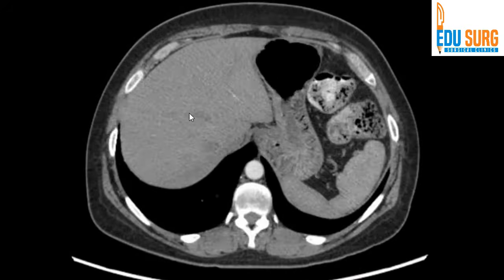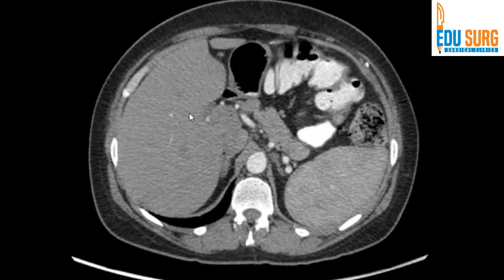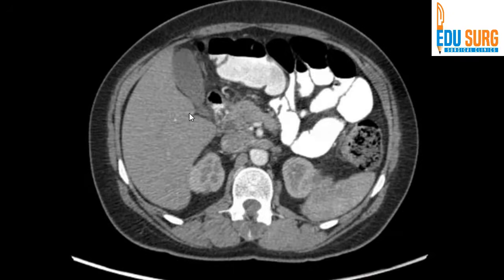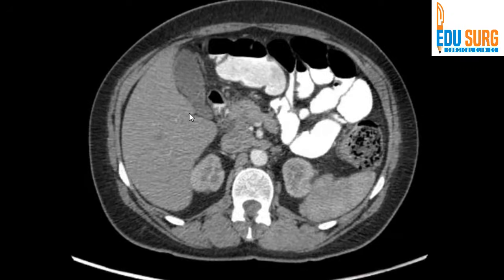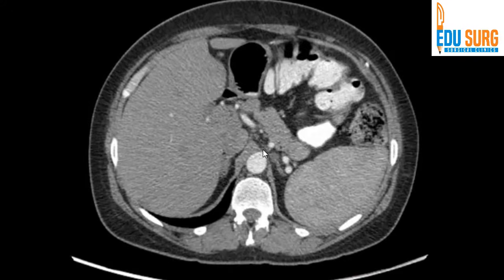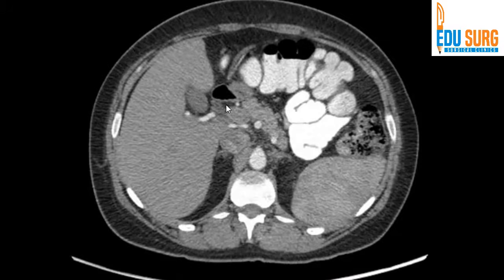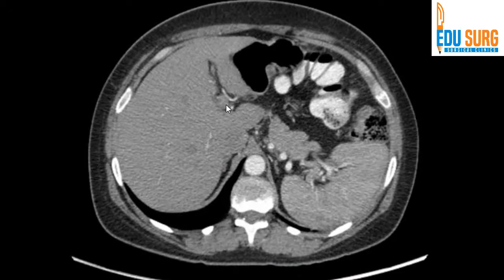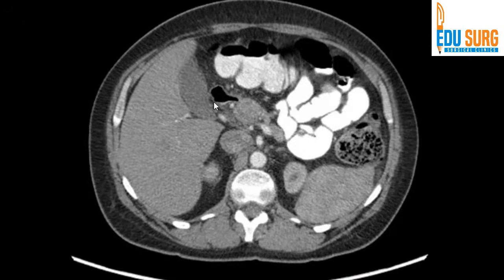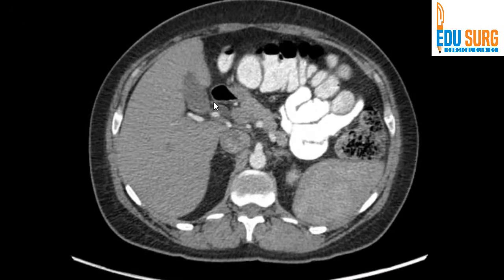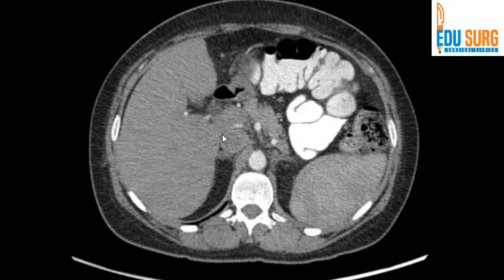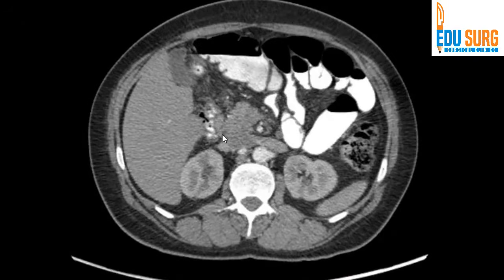So the right hepatic artery as well as the left hepatic artery are originating separately, and that is what you have to identify. So the left is coming from celiac. This is the celiac. This branch, if you trace it in the liver, it is going in the liver. So the left hepatic is coming from celiac, but the right hepatic is coming from the SMA. So that is one variation that you have to remember, right?